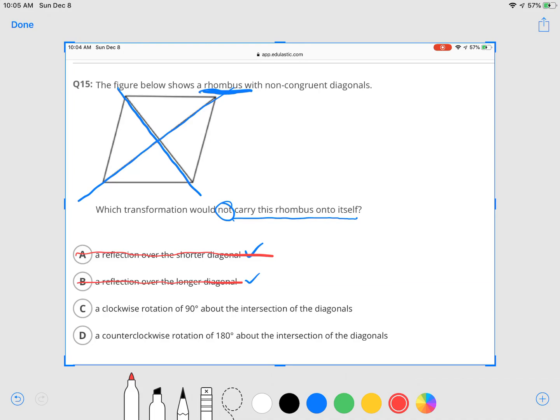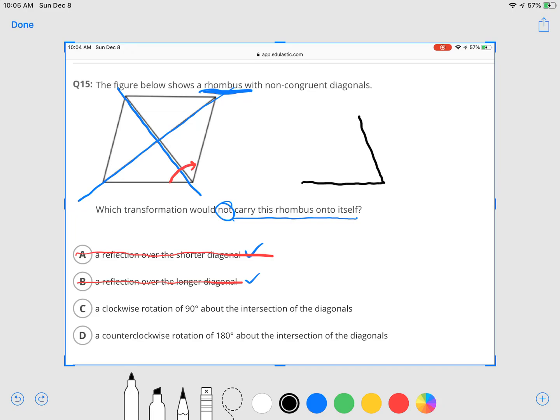A rotation of 90 degrees doesn't work. It sort of looks a different way. On this bottom right corner, you can see we have the obtuse angle. If you rotate 90 degrees clockwise, you could think of it as the rhombus falling over here, and it's going to look a little bit different.